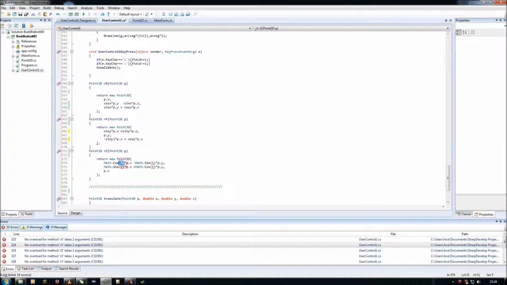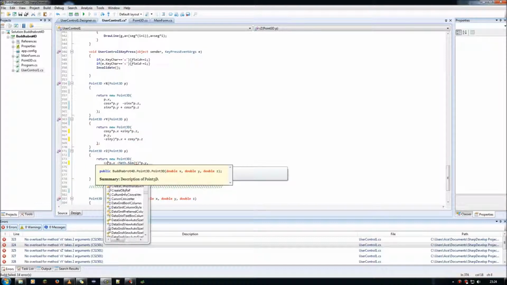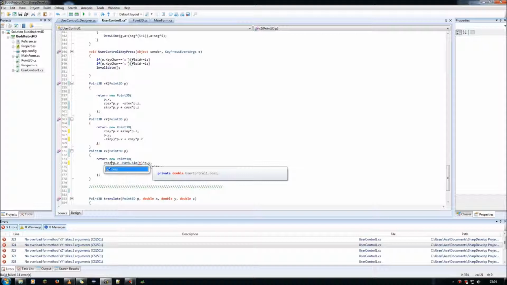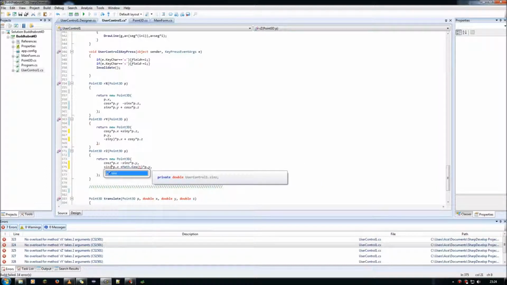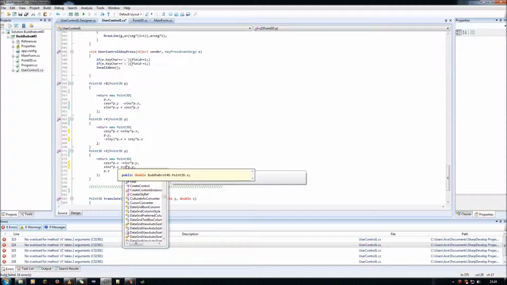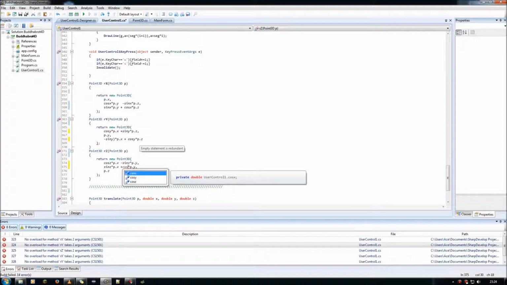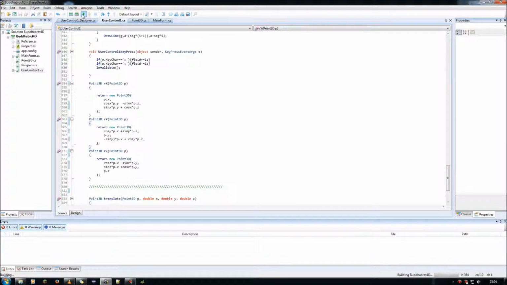So then here, cosine z, sine z, sine z, and cosine z. See how that goes.